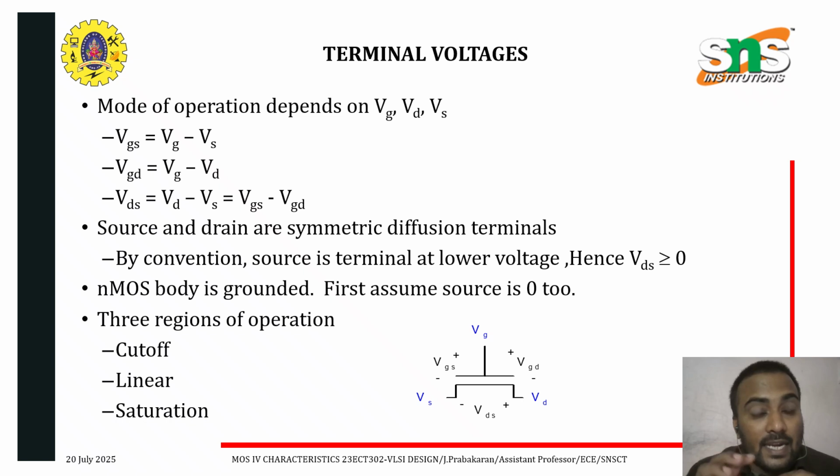Similarly, gate drain voltage is equal to the gate terminal voltage minus the drain terminal voltage. Drain source voltage is defined as the drain terminal voltage minus the source terminal voltage.